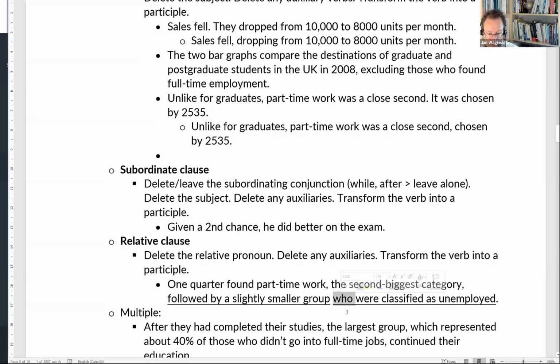So we get rid of the relative pronoun, get rid of the auxiliary, and that's what we're left with. Now, this is not something that you have to do. This is for giving variety to your writing. For example, you can leave this.